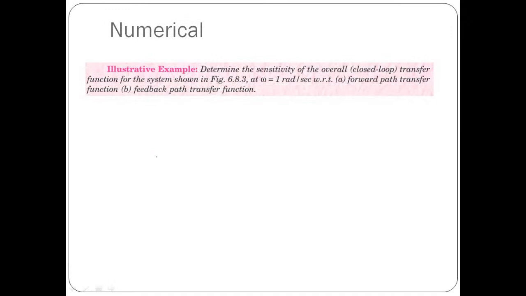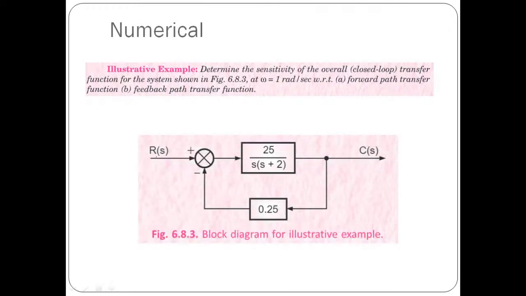This will be the first numerical on sensitivity, and here our objective is to determine the sensitivity of the overall closed loop transfer function of the system shown in figure 6.8.3 at omega equals 1 radian per second, with respect to the forward path transfer function and with respect to the feedback path transfer function.